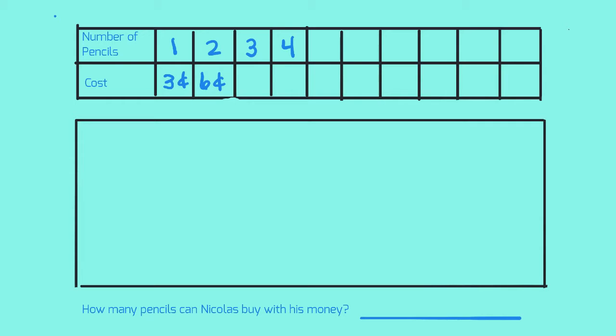So I've drawn out a table for us with a number of pencils and the cost. So at the top I have 1 pencil at the cost of 3 cents, 2 pencils, cost is 6 cents. So if we had 3 pencils, how much would that cost?